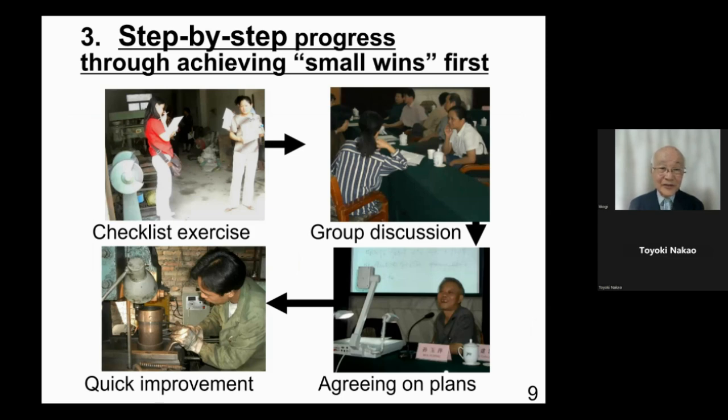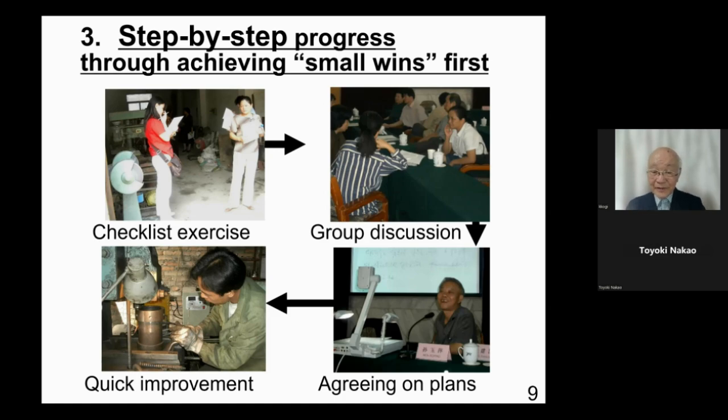And this slide shows an example of the group work process, starting from checklist exercise by visiting the workplaces to be followed, to be checked, and then group discussion can follow.